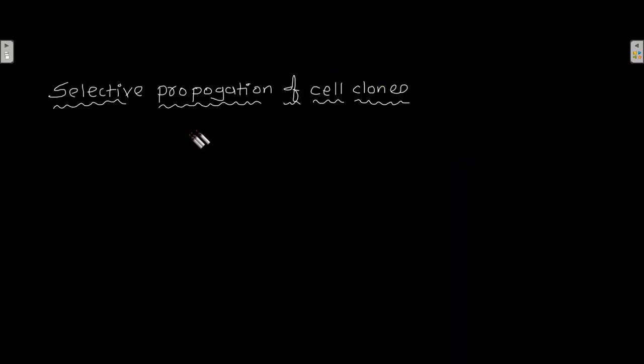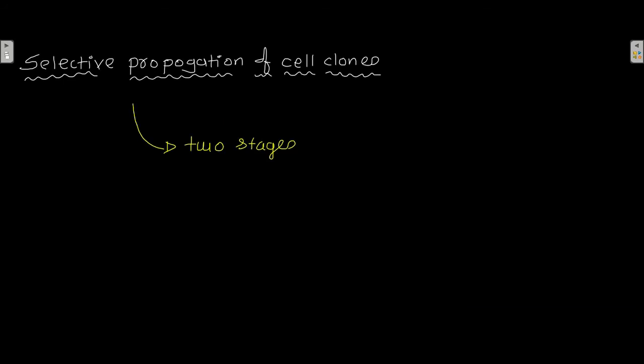After transformation, there is selective propagation of cell clones. This is the next step. Now, this selective propagation of cell clones involves two stages.